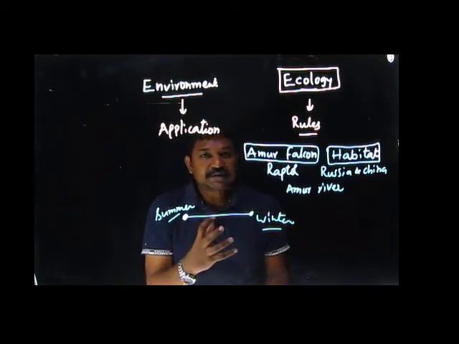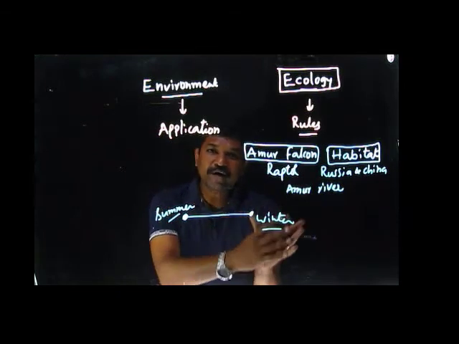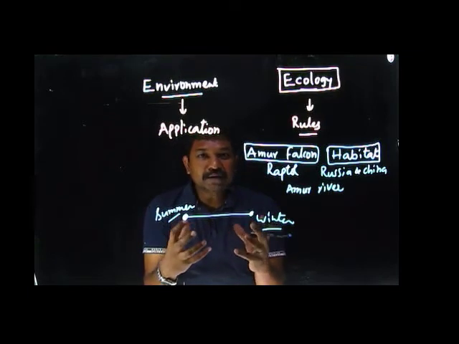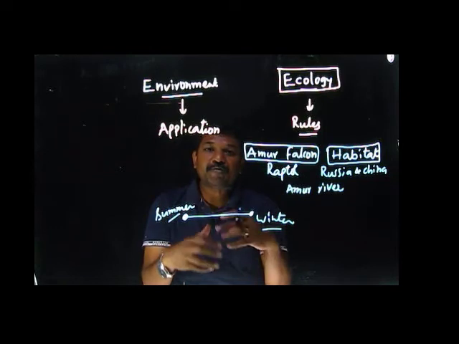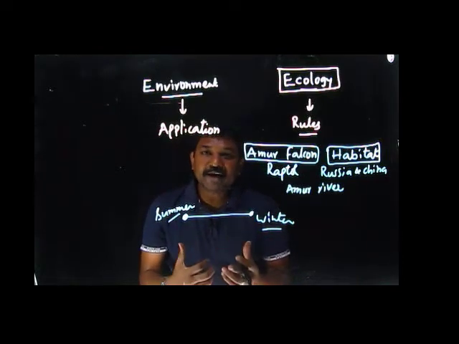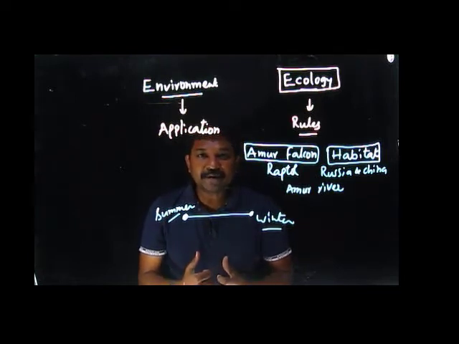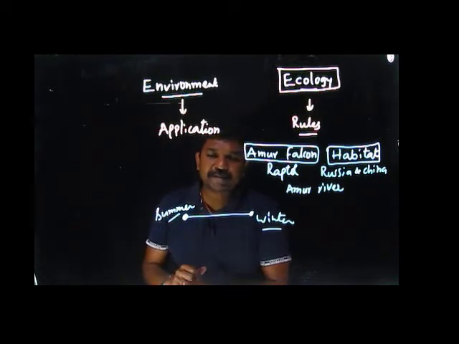Any species can adapt to either summer or winter, but not both. Those species which can't adapt to both seasons have to perform certain techniques called adaptation techniques, either morphological adaptation or behavioral adaptation, and different types of adaptations. We will be seeing what the different types of adaptations are.